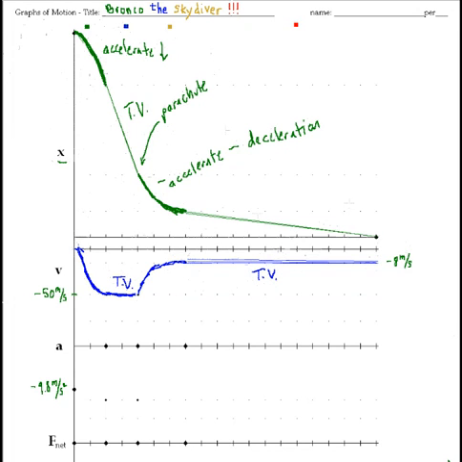Here he's going faster, and then he's going to level out, and here he's already going fast, so he's going to slow down, and those parts are accelerating downward and slowing down here. So accelerating faster and decelerating here, and I'll talk about the next two in the next video segment.